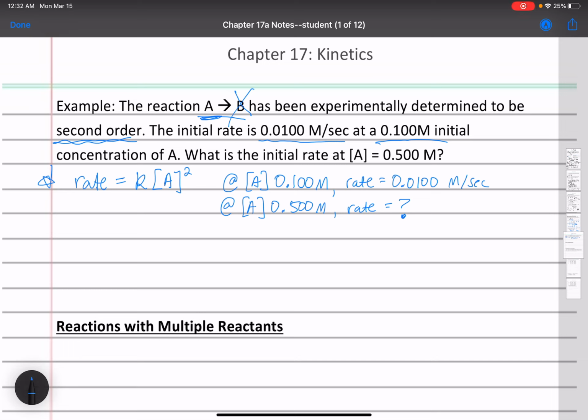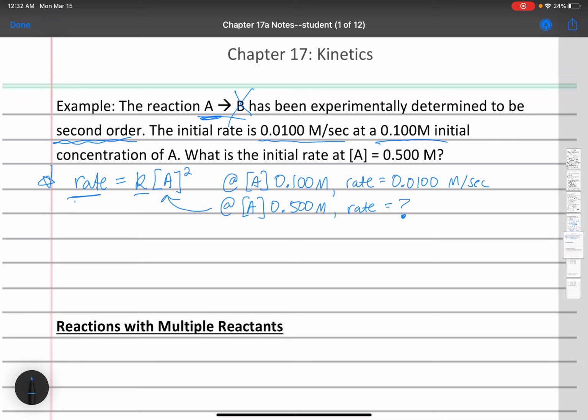So we want to know what the rate is at this time. We can figure out the rate using this formula, which is known as the rate law. In order to figure out the rate at 0.5, we can't just plug in this second value, because we don't know what K is.